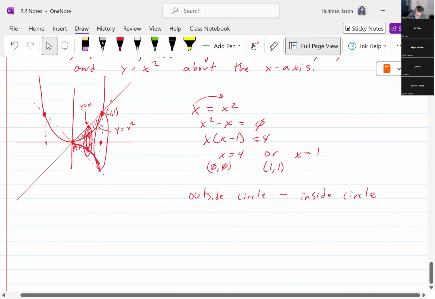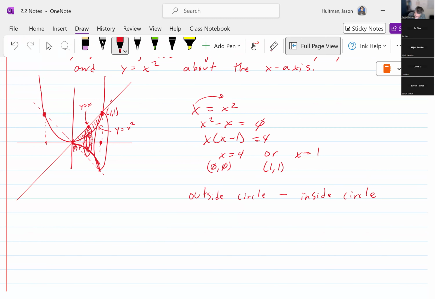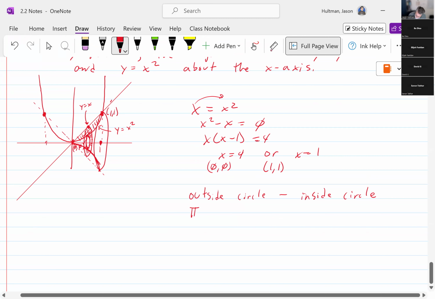So we want to know, what's the outside radius? What's the area? The area is going to be pi times the outside radius squared minus pi times the inside radius squared.